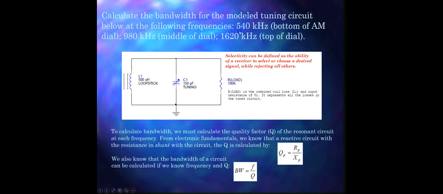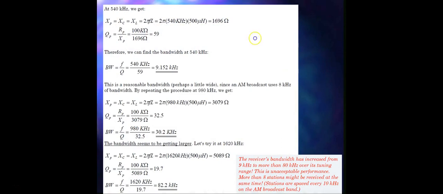So now let's see what our value for the bandwidth will be for these three different frequencies. When you're using the 540 kilohertz frequency, then you will get a bandwidth of 9.152 kilohertz.